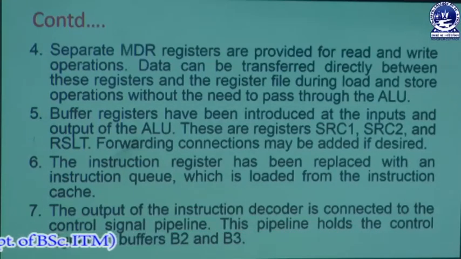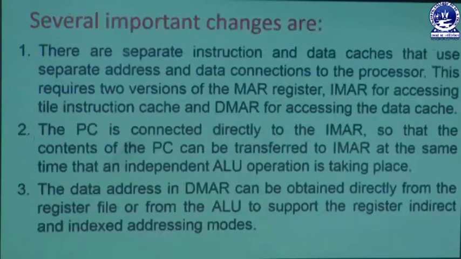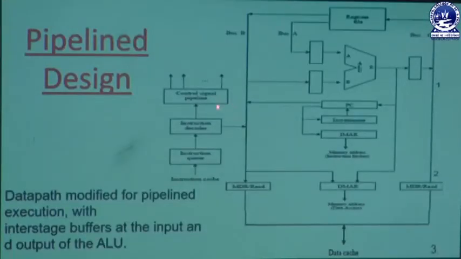So we can see in this diagram that here is our control signal pipeline, and here is our instruction decoder and instruction queue. From the instruction queue, the instructions are given to this instruction decoder. Where will we get the instructions? We will get the instructions from this instruction cache, and then we load them into the instruction queue, and from this instruction queue the instructions are given to the instruction decoder.